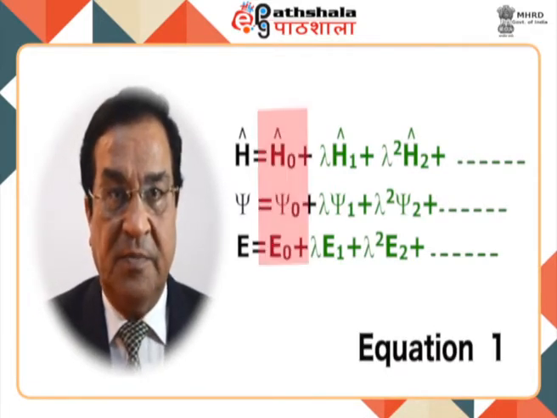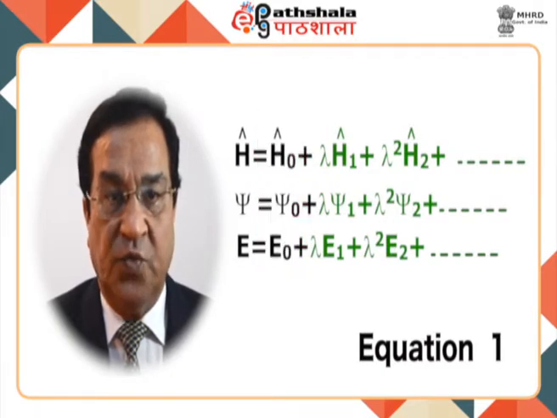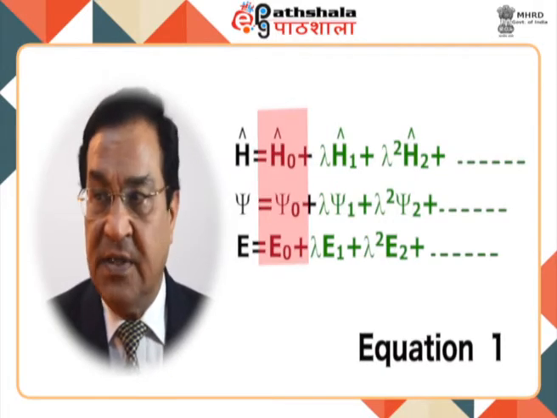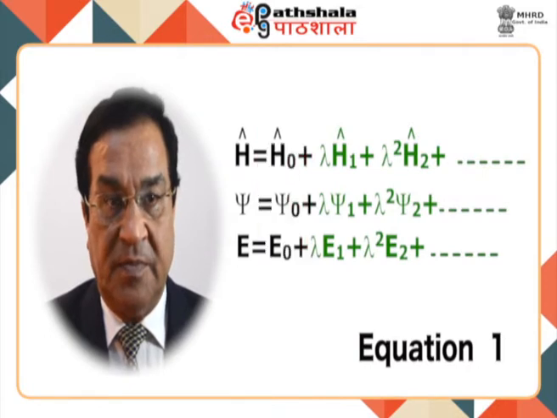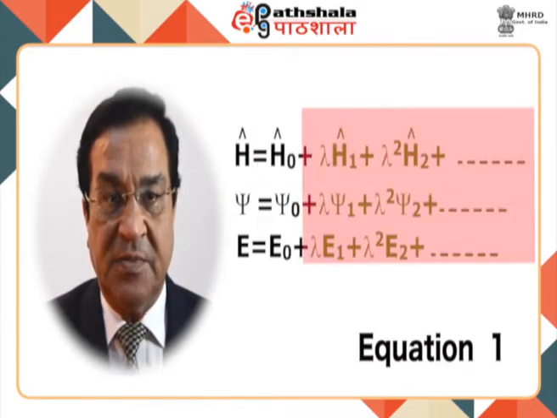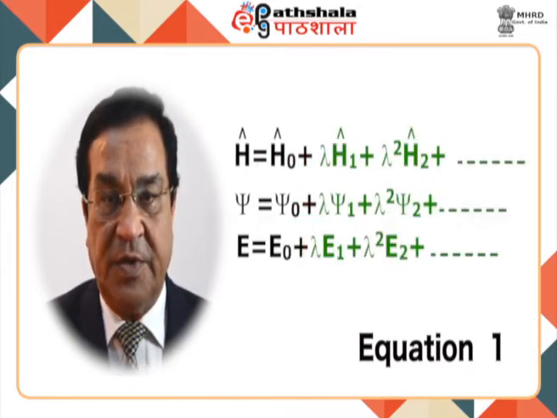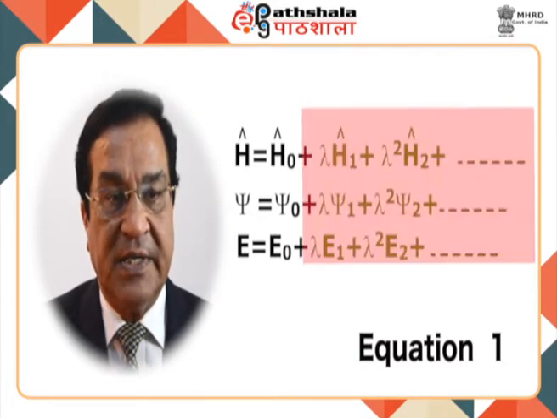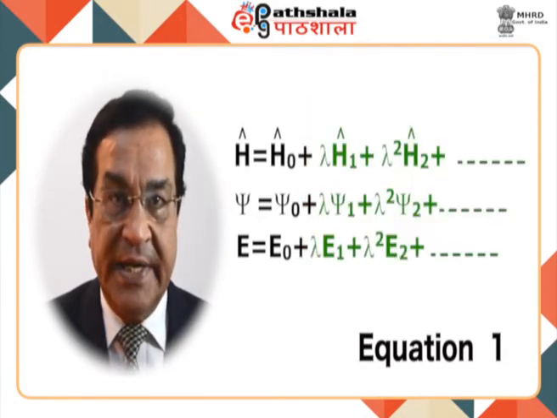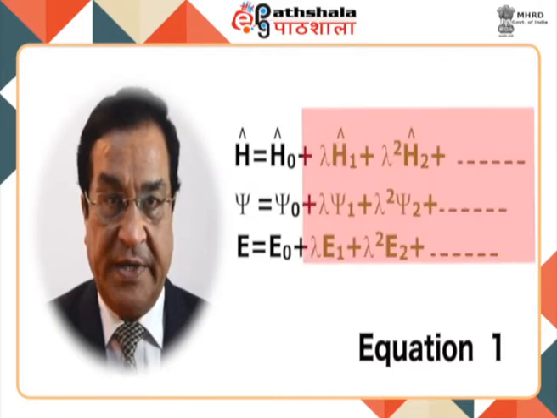The first term in these equations 1 represents the unperturbed system, while the rest of the terms in each of the expressions of equation 1 represent the correction terms, which indicate the perturbation effect.